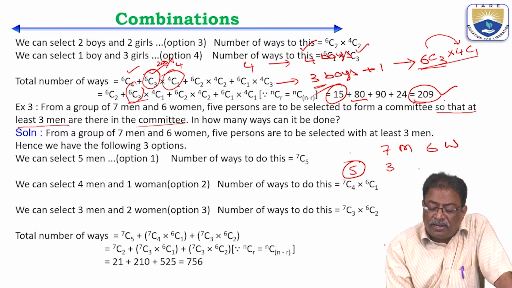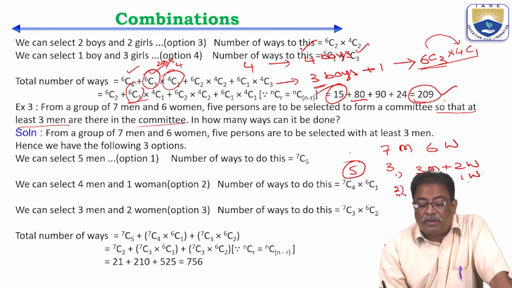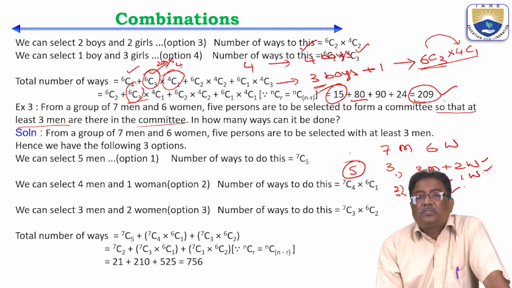So what I am saying is that at least 3 means 3 men plus 2 women. This is the first possibility. The second possibility is 4 men and 1 woman. And the third possibility is 5 men and no woman. So these are the 3 options we have.